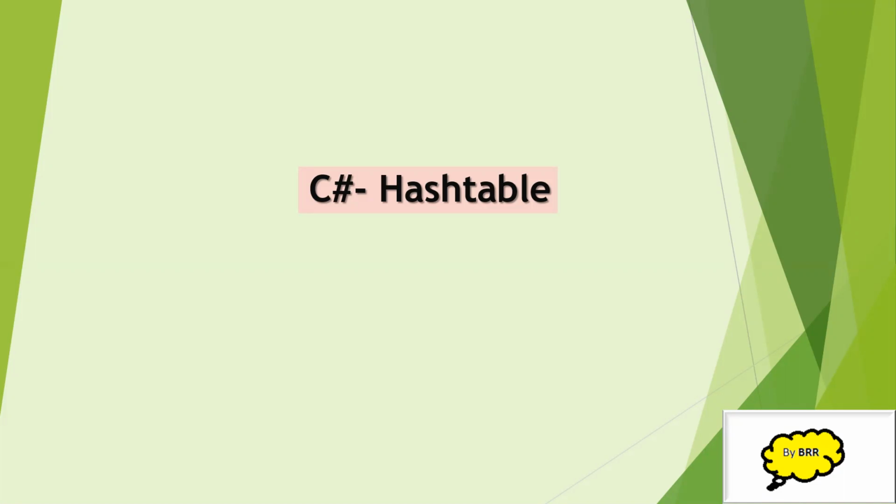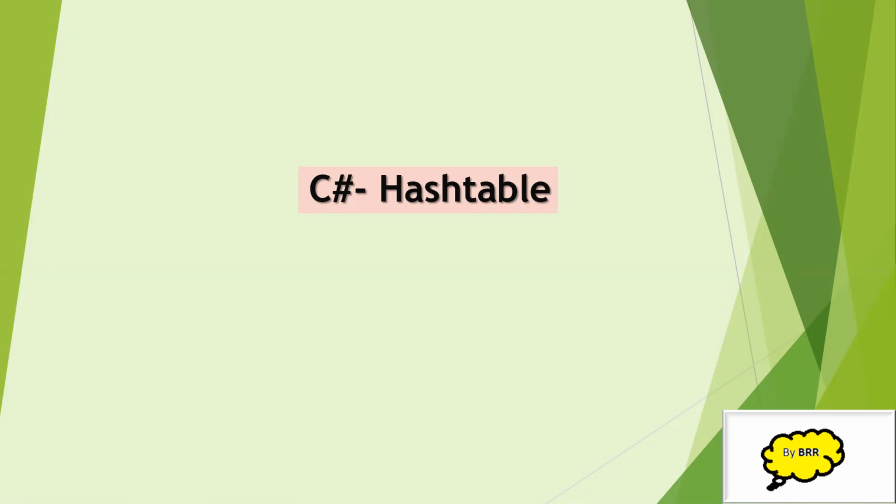As I told you, hash table is a weak type of data structure because we can store any kind of object or any kind of value in the hash table. When it comes to dictionary, it's a strongly typed data structure where we can store strongly typed data. That is the difference.